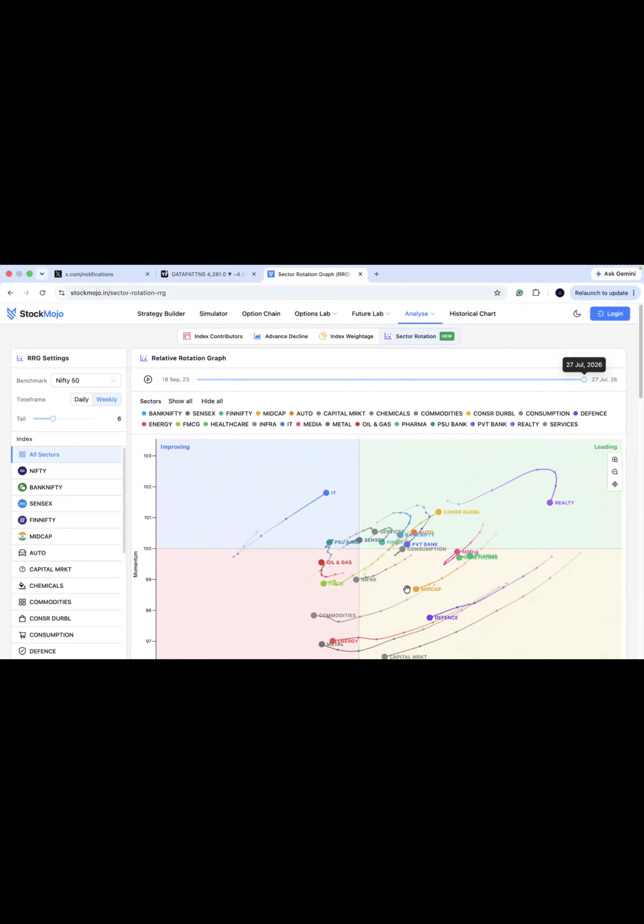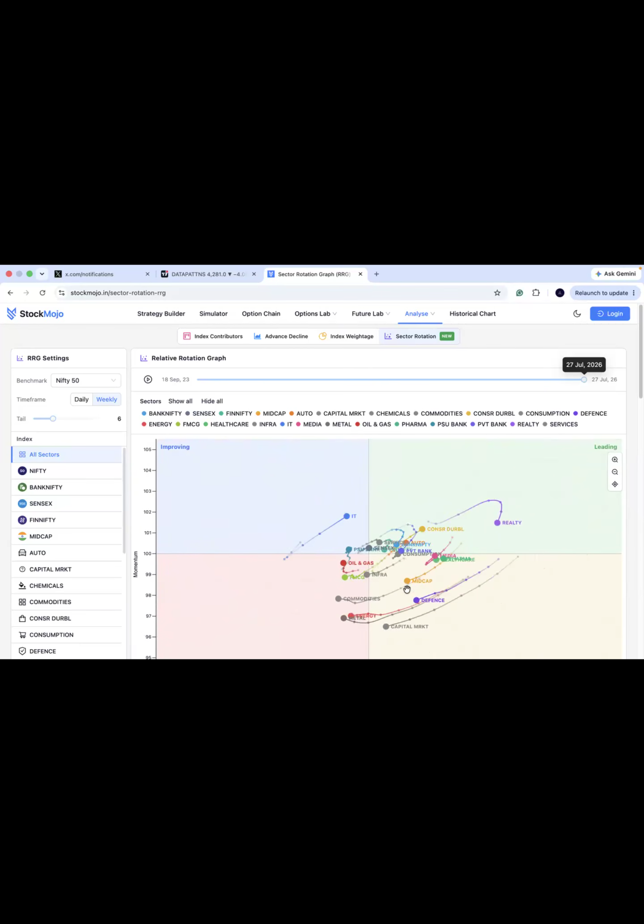So what you have to understand in the RRG chart is that you just look at a particular index, select a group of stocks in that index, and check in which quadrant your particular stock or index is. And the second thing that is important is the direction in which the stock or a particular group of stocks is moving.